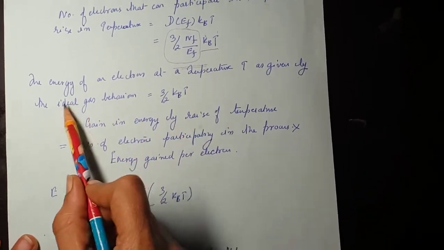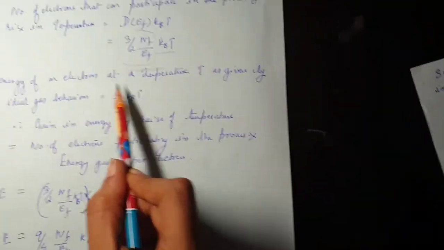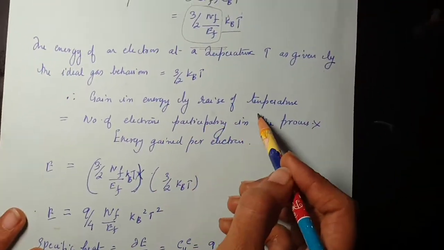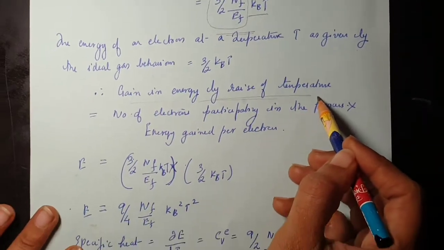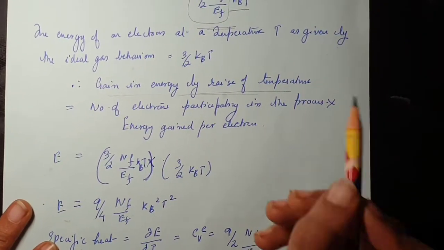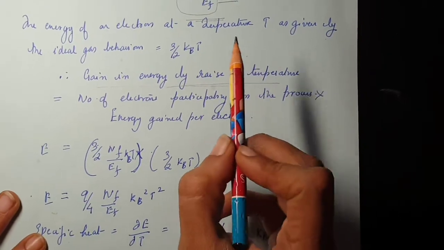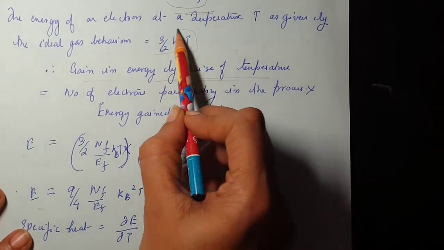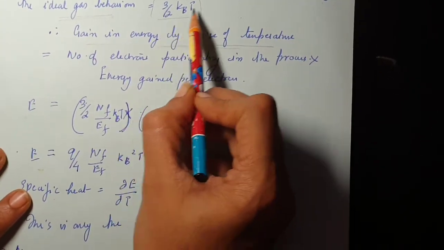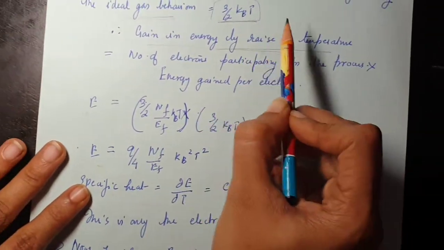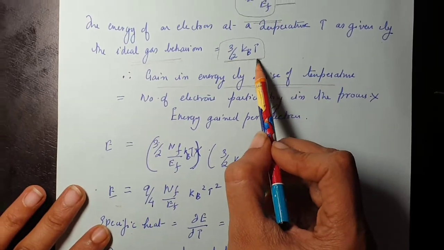Now what we have to find is the gain in energy by rise of temperature. For an electron, we already know how much energy is given by ideal gas behavior. By ideal gas behavior, for an electron, this is the amount of energy that is given.